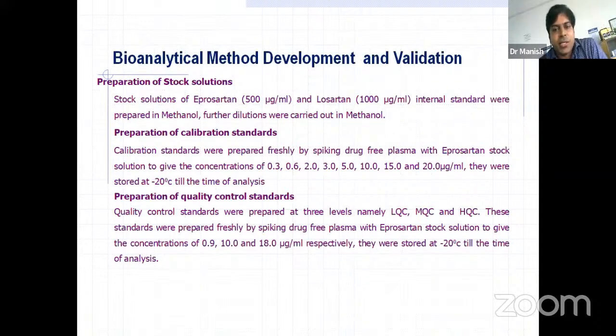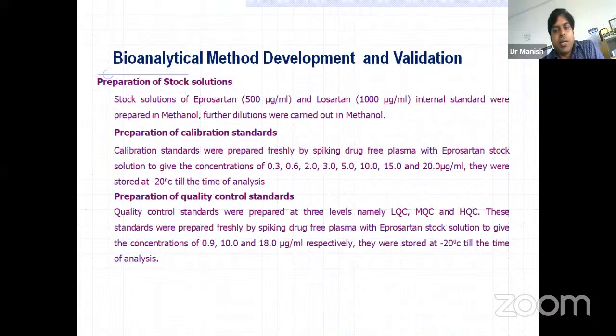The internal standard concentration should be maintained constant with increased concentrations of your sample. In bioanalytical methods, we need to prepare calibration standards as well as quality control standards separately. Quality control standards should be prepared in the range of the calibration standards. So we need to prepare LQC, MQC, and HQC: lower quality control standard, medium quality control standard, and high quality control standard.